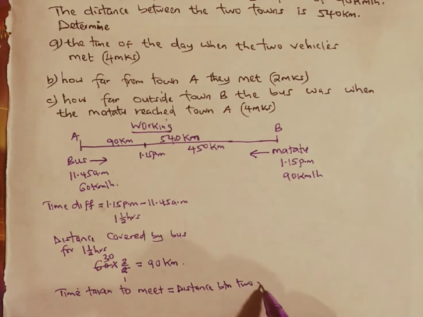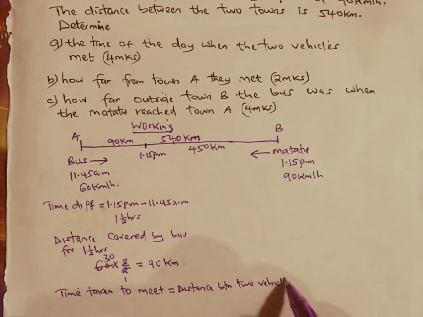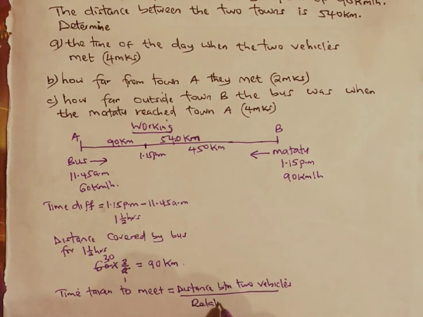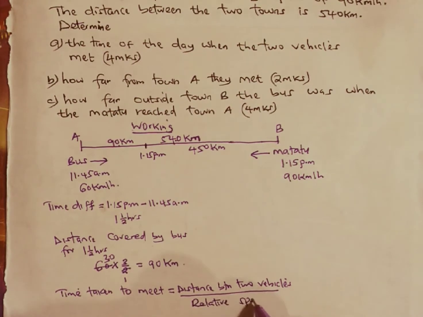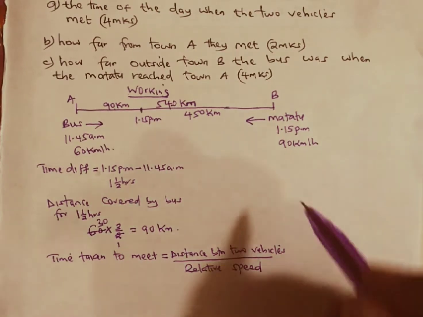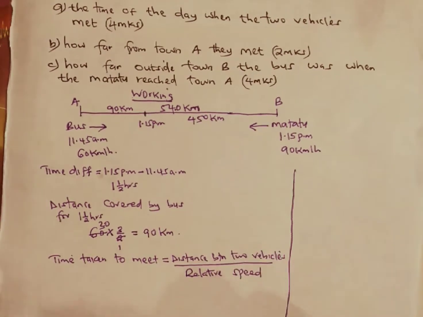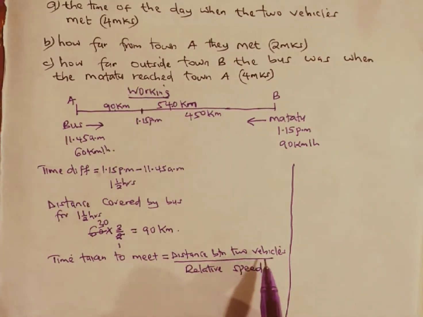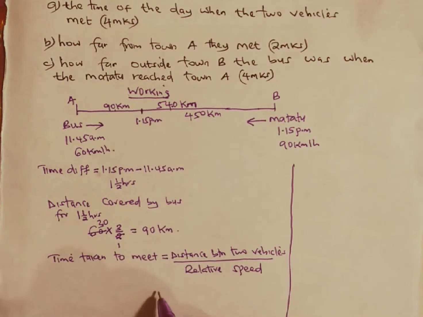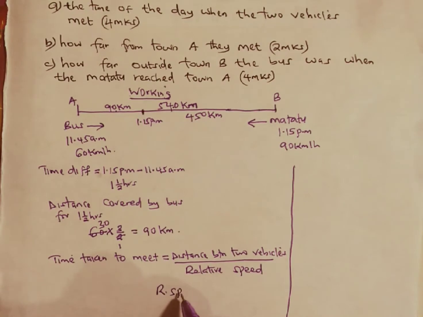The distance between the two vehicles we divide by what we call the relative speed, and already we know the distance between the two vehicles is 450 kilometers. Now we need to calculate relative speed.